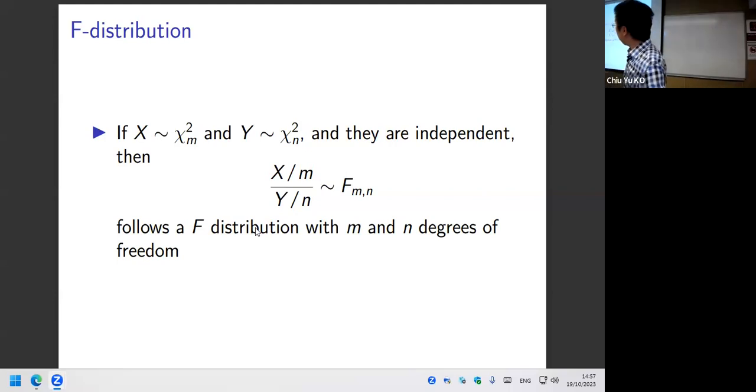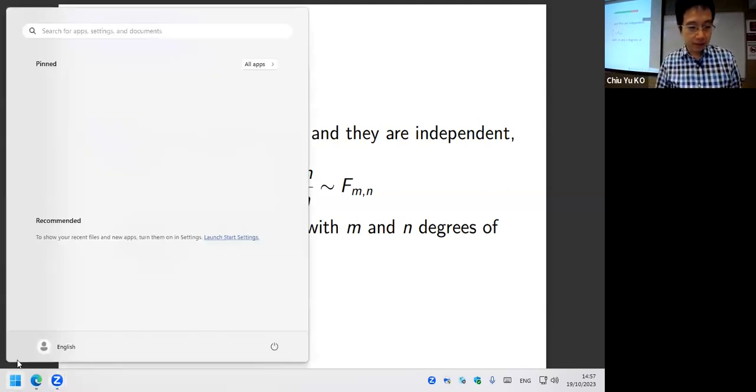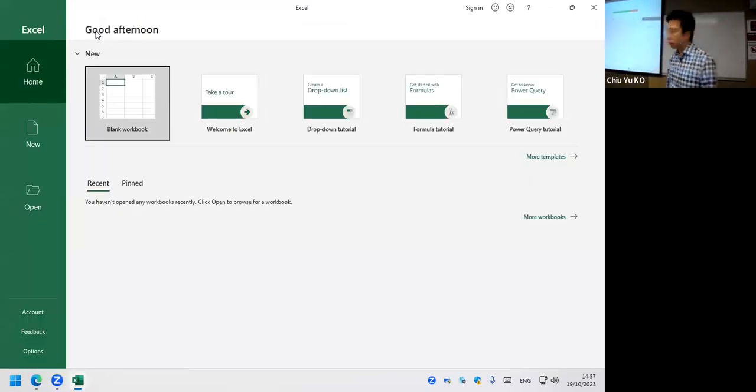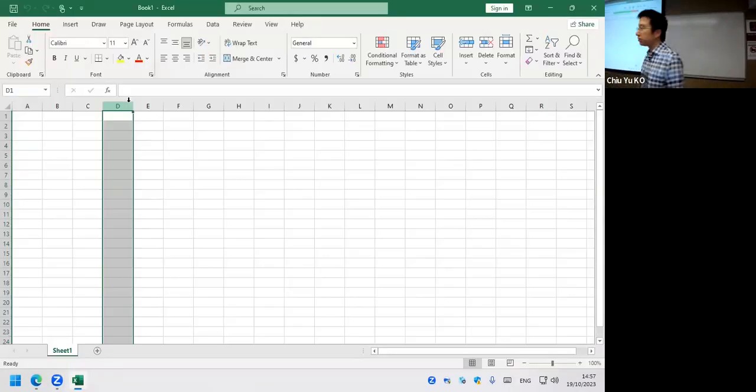Is that okay? I know I have thrown you a bunch of stuff without explaining, but just to let you know, these are the things that you'll be using for the rest of the time. Okay. So if no question, then we'll turn on our Excel. So don't worry. The Excel is super simple. Okay.